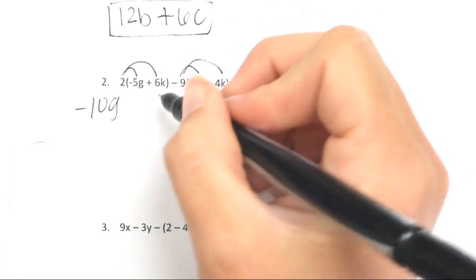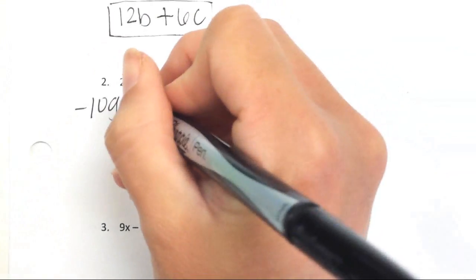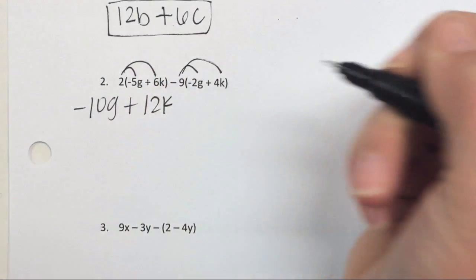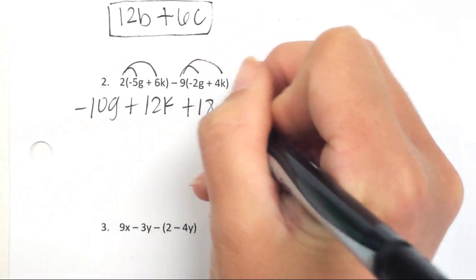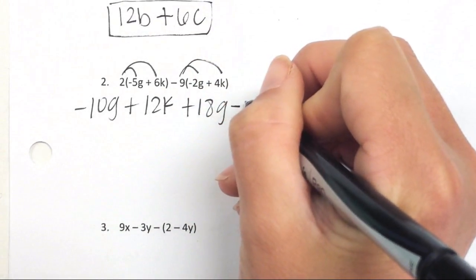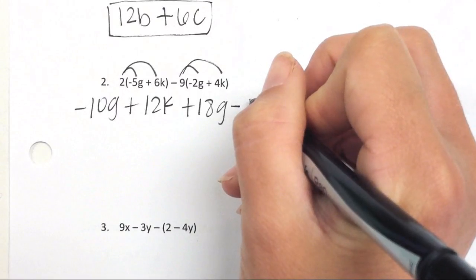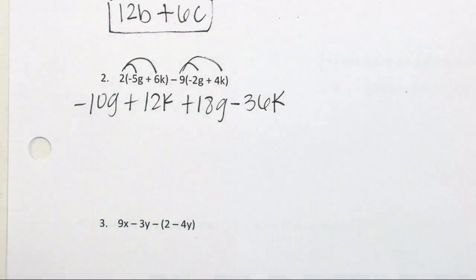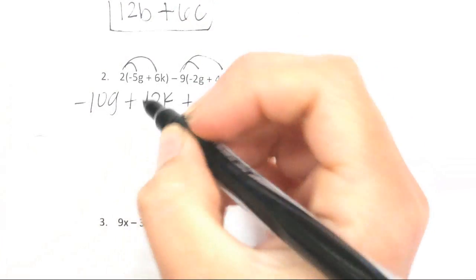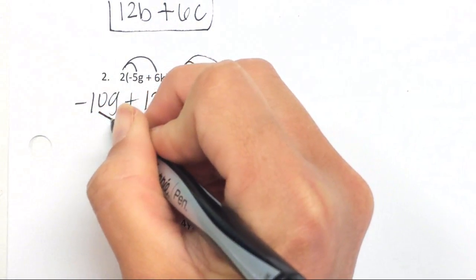Okay? So the next one's going to be what? Plus 12k. This is going to be what? And what's good? 36k. Very good. So now we can combine negative 10g and what?